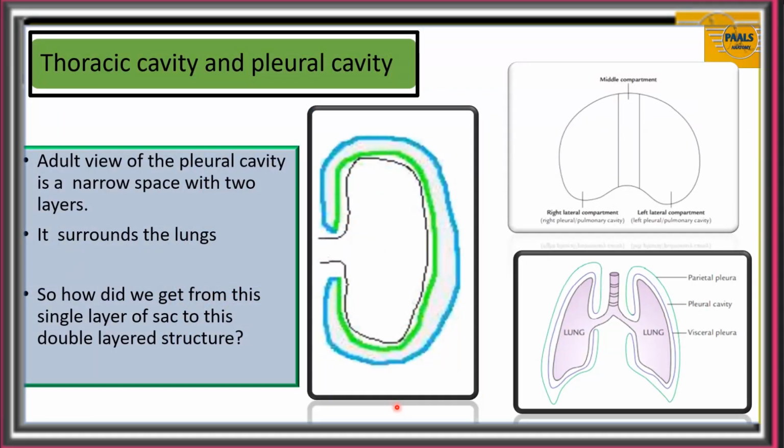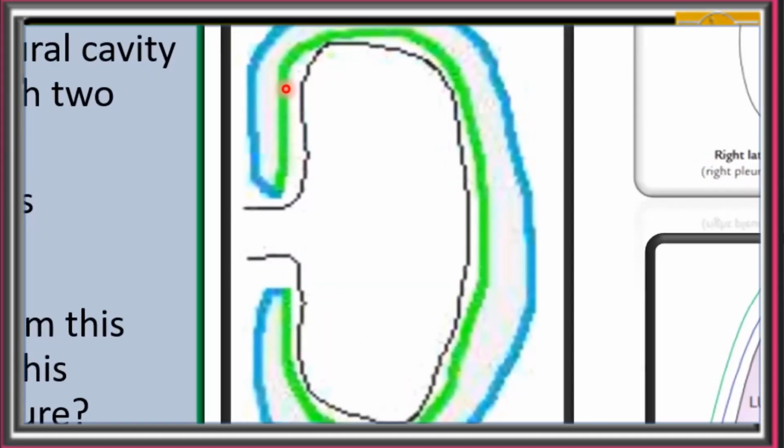This view we have here is actually a true reflection of the pleural cavity. That is, unlike the single layered view we are having here, compared with the double layered view, one on the inner side and this on the outer side. So this is the adult view of the pleural cavity, which is a narrow space.